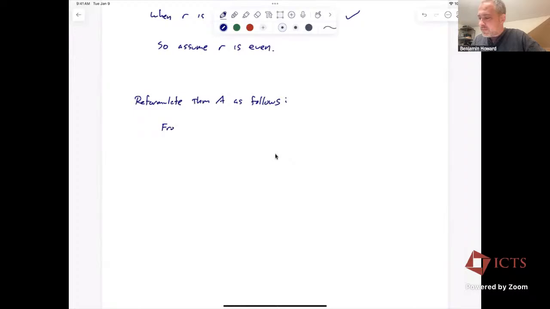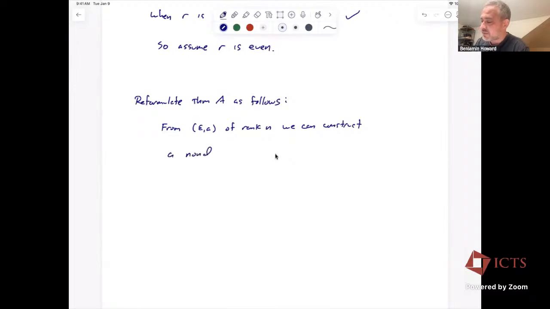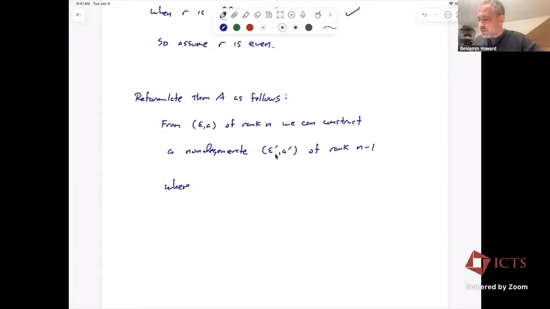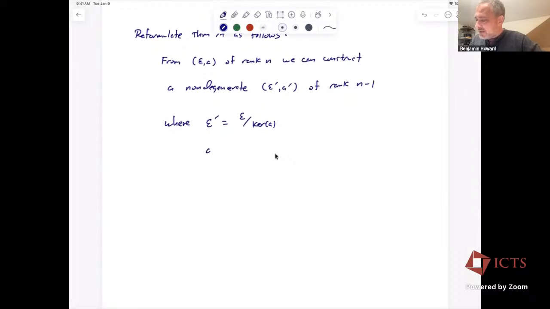So from this degenerate EA of rank n, we can construct a non-degenerate E'A' of rank n minus 1, where the underlying vector bundle is just you take the Hermitian vector bundle you started with and you mod out by the radical, which is the kernel of A. And then A' is somehow uniquely determined.